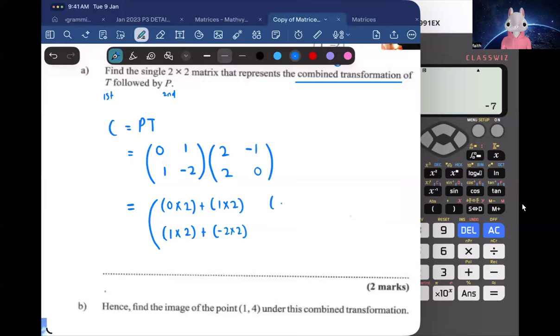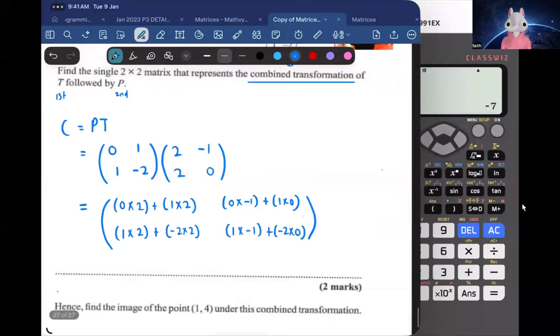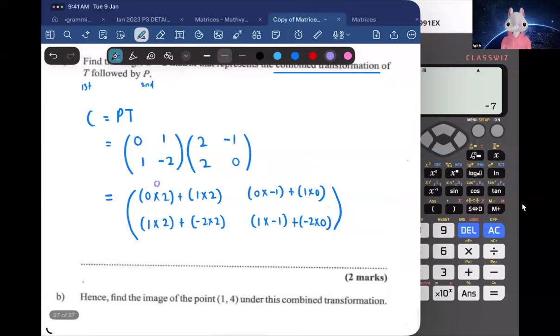Then 0 by negative 1 and 1 by 0. And then 1 by negative 1 and negative 2 by 0. 0 by 2 is 0, 1 by 2 is 2, so 0 plus 2 is 2. 0 by negative 1 is 0.